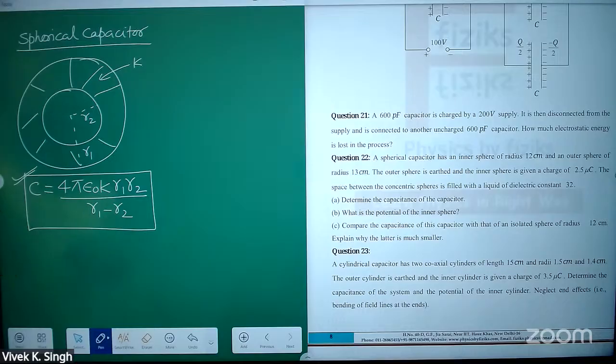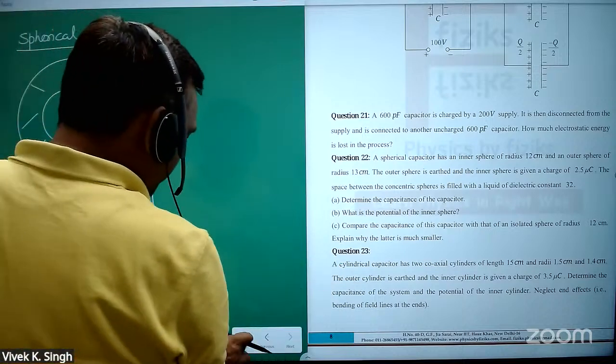So you have to try this question, and another is the cylindrical capacitor.